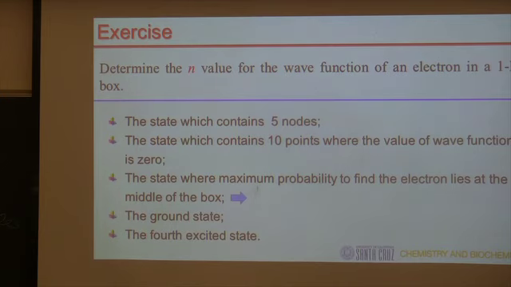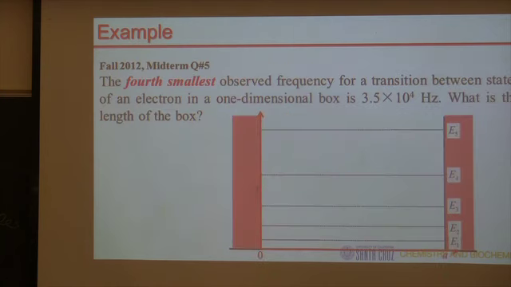What's the definition of excited state? Above the ground state. So the first one above the ground state, the first excited state, will be n equals 2. The second will be n equals 3. So the fourth will be 5.